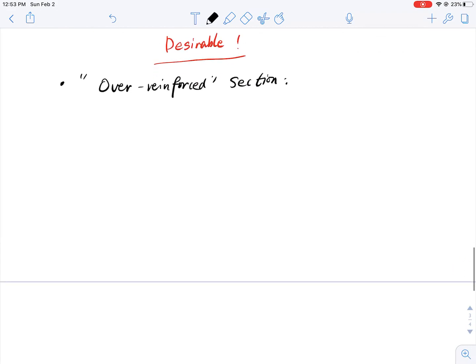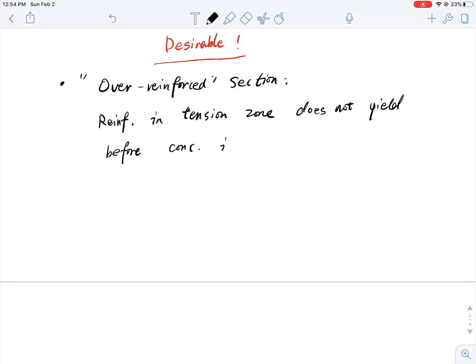Over reinforced section. When we have an over reinforced section, the reinforcement in the tension zone does not yield before the concrete in compression zone reaches the failure strain of epsilon cu.